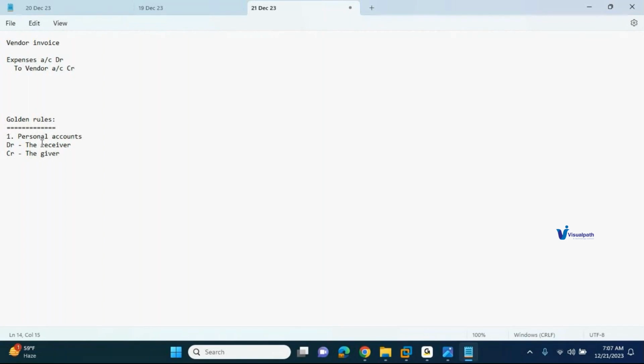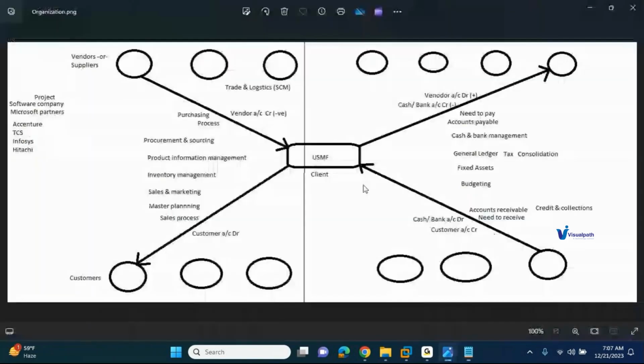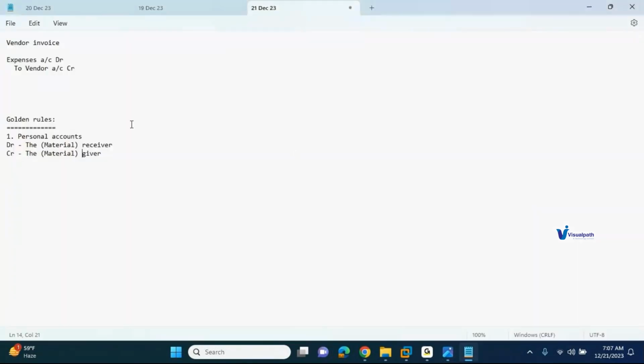The receiver or giver means money or material. Who is giving to us? Compare it for this company: the vendor company or supplier companies, vendors or suppliers, are giving to us. So vendor account credit.